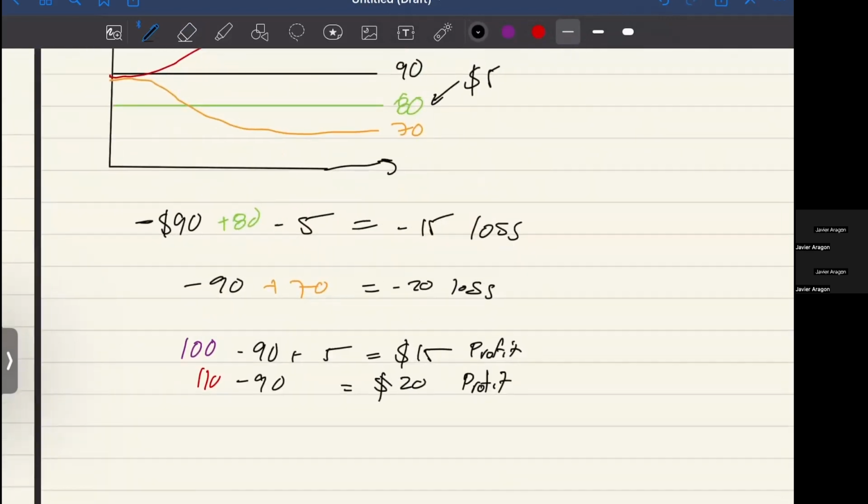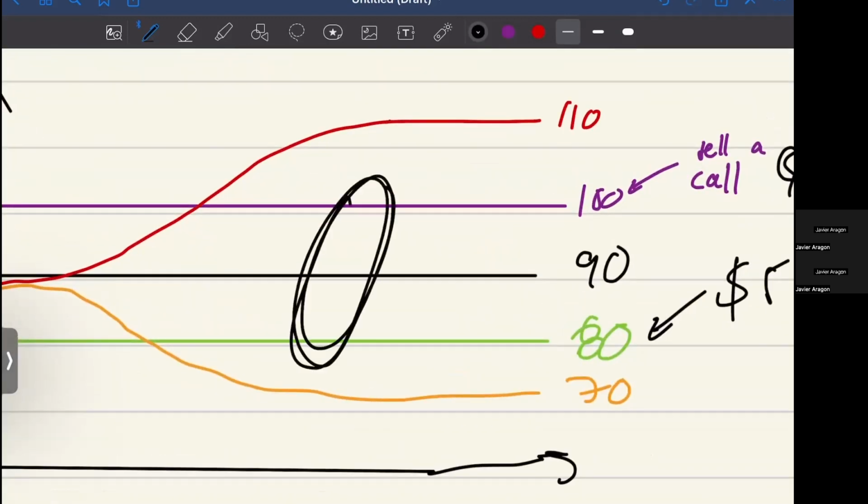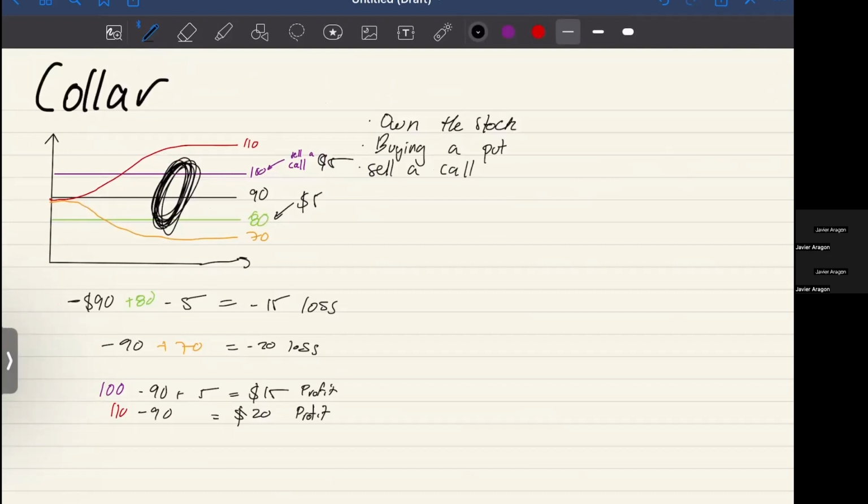So what the collar essentially is telling you is that you're building yourself a collar with how much money you can lose and how much money you can gain.